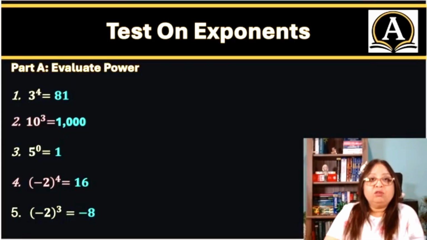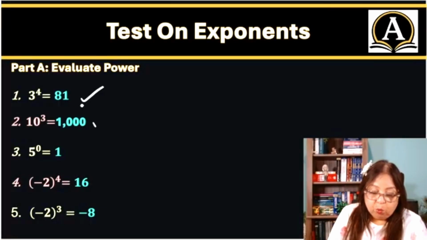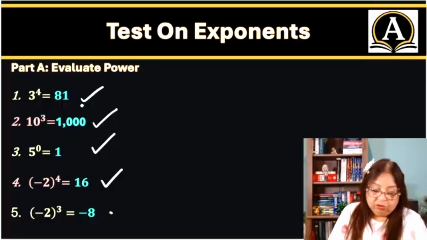Number 1, the answer is 81. Number 2, the answer is 1,000. Number 3, the answer is 1. Number 4, the answer is 16. Number 5, the answer is -8.